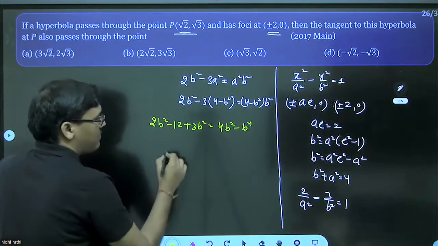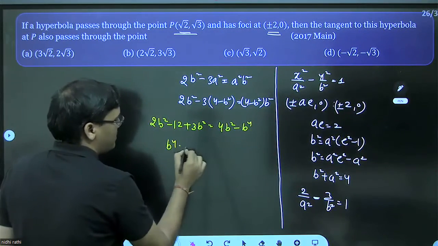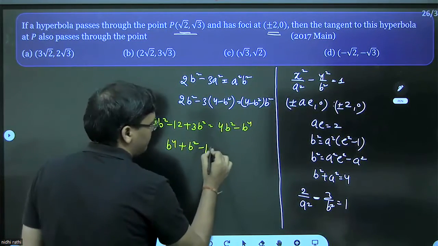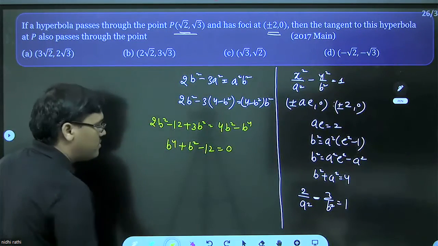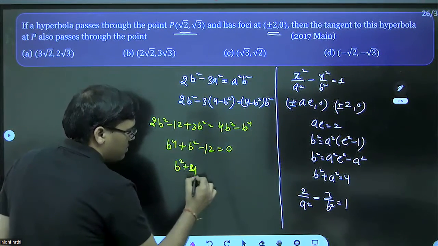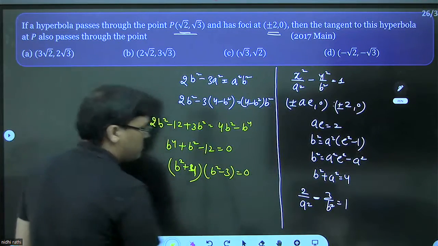So just simplify this. This is B to the power 4 plus B square minus 12 equal to 0. So you can see here, this is B square plus 4 into B square minus 3 is equal to 0.